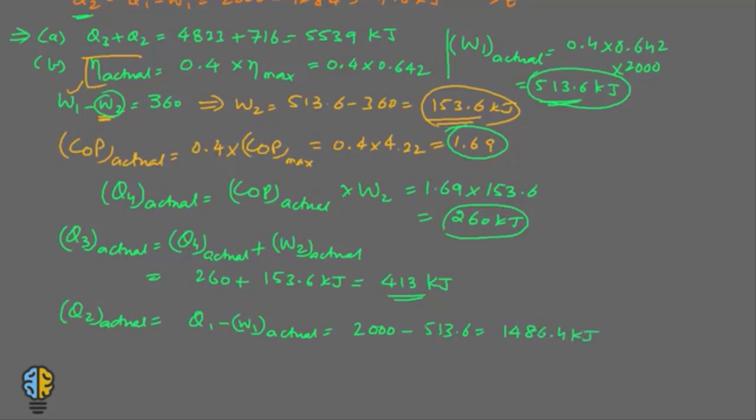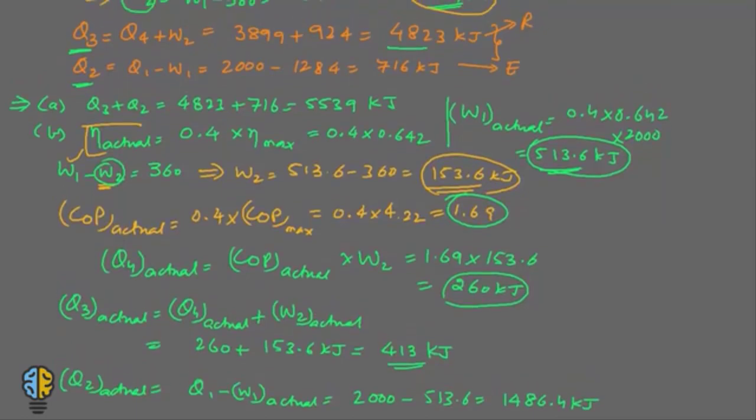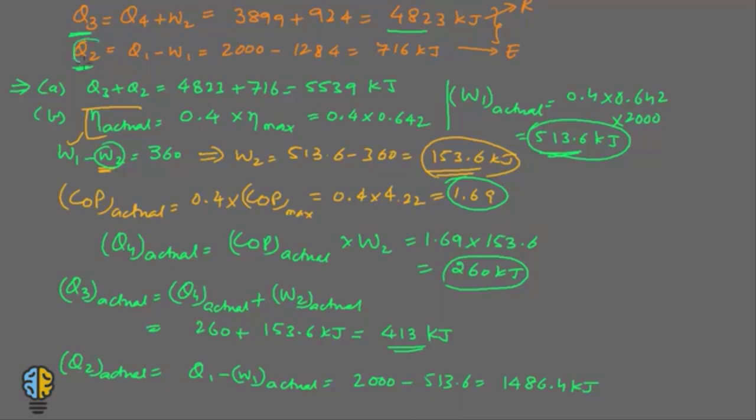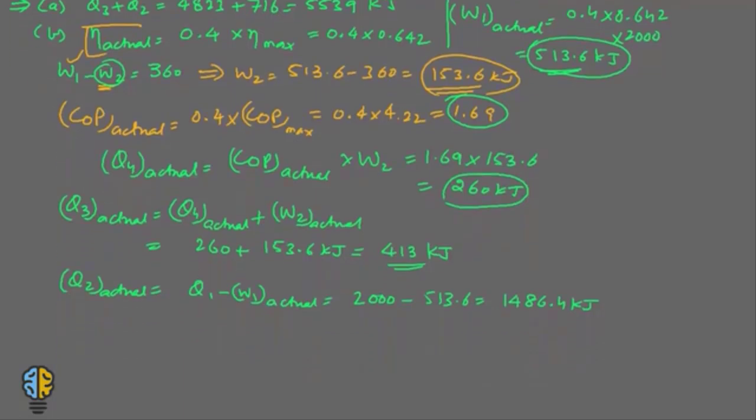If you compare this value with the previous one, the amount of heat being rejected at the maximum efficiency was around 700 kilojoules, but if you are only operating at 40% efficiency, the amount of heat being rejected is almost more than 2 times the amount that was being rejected at the maximum efficiency. So a very small amount of work is being produced.